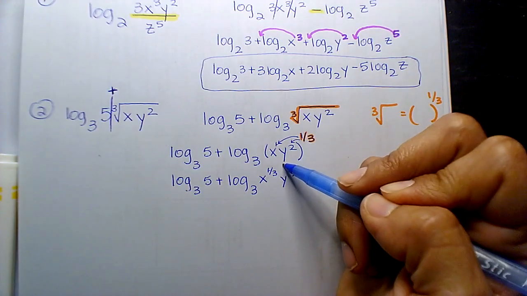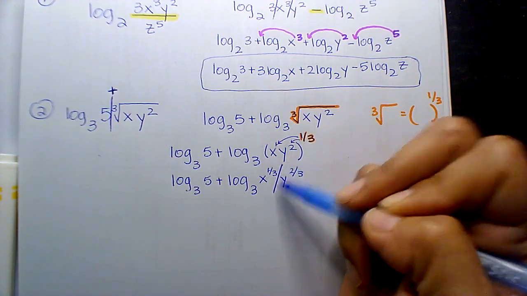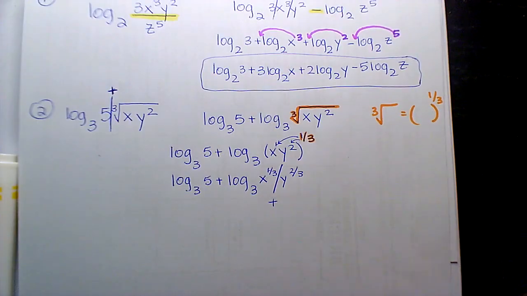Okay, and now you want to separate these two bases, and so I'm going to have an addition, and I'm going to split them up where they're each going to get a log. Keep going or wait? Wait.